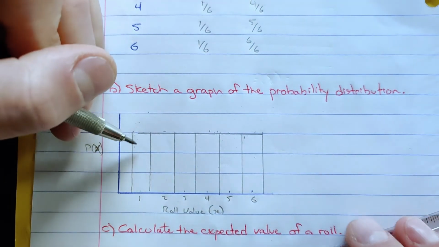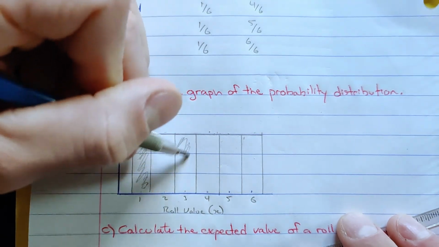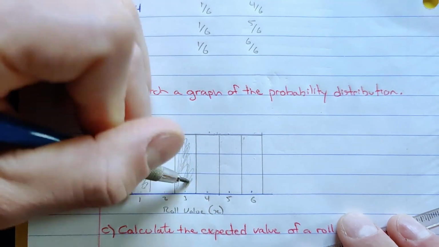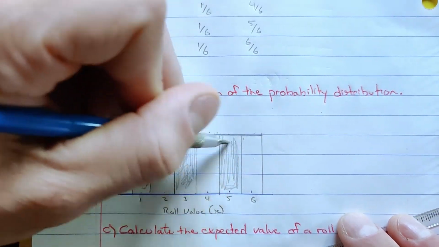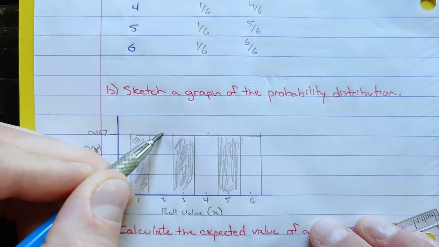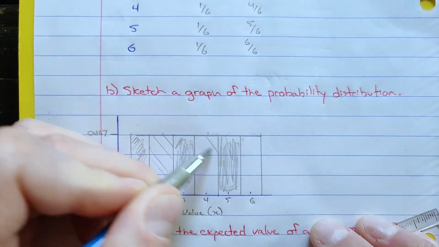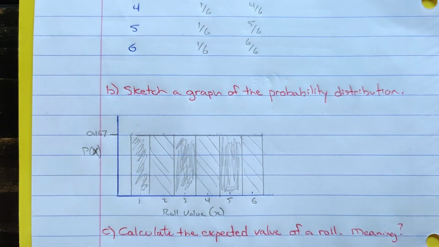So we have our 1 here. Maybe I'll shade in every second one. There's 1, 2, 3, 4, 5, and 6. So there's our 1 bar, our 2 bar, our 3 bar, our 4 bar, and our 6 bar. Each of those bars are all going to be the same length in our histogram of the probability distribution, because they all have an equal probability.